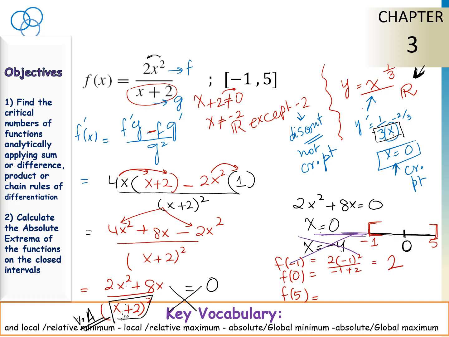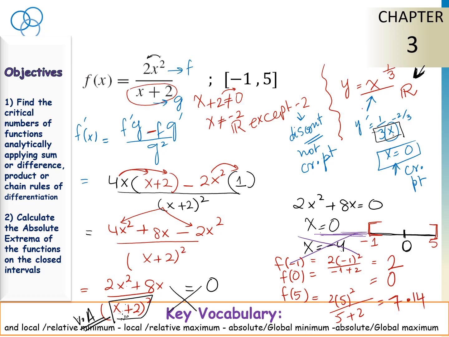Now similarly write the 0 in the original question. I am not writing it. You write it down yourself and you will get 0. Now write the 5 in the original question. Let me show you: 2 times 5 to the power of square, and then 5 plus 2. Write it in the calculator, then press S-D. You will get 7.14.